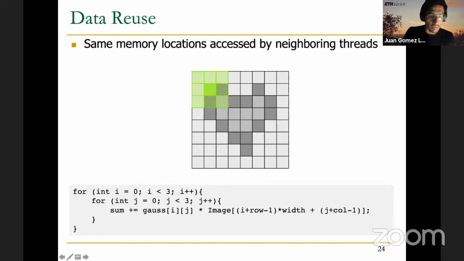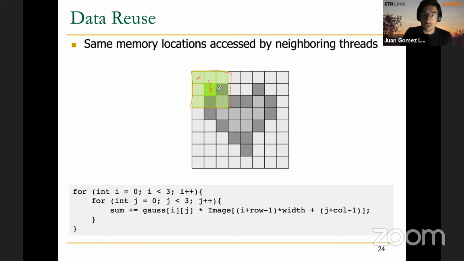Now, if you think about this kind of operation, what we are typically going to do is assign one thread to this pixel, and this thread will have to access all these pixels surrounding the assigned pixel and perform the corresponding computation: the element of the filter multiplied by the value of this pixel, and then this one, and this one, and so on, and we accumulate them all, right?